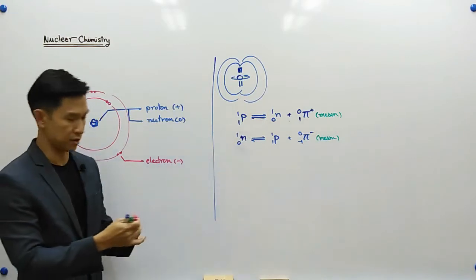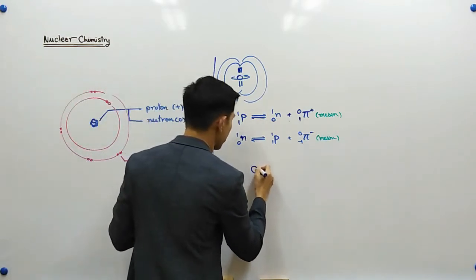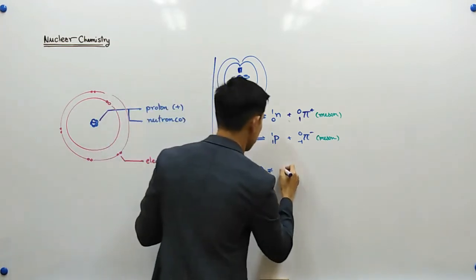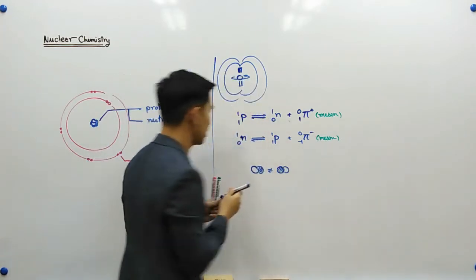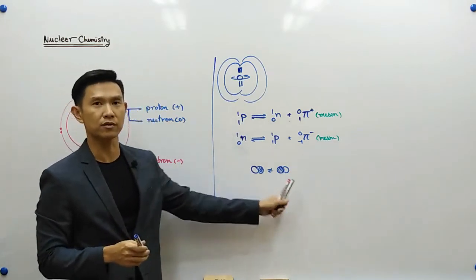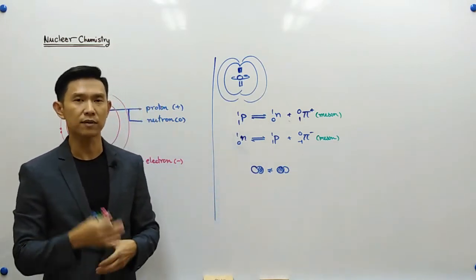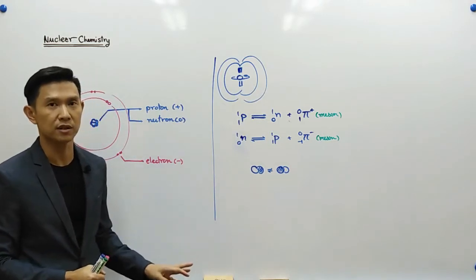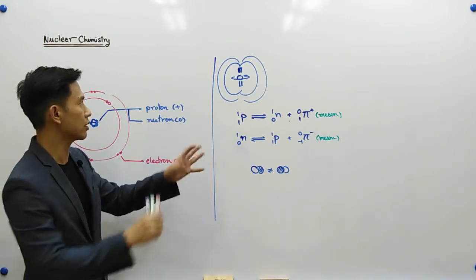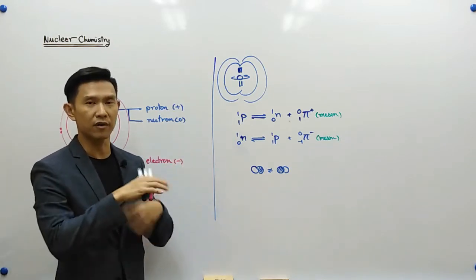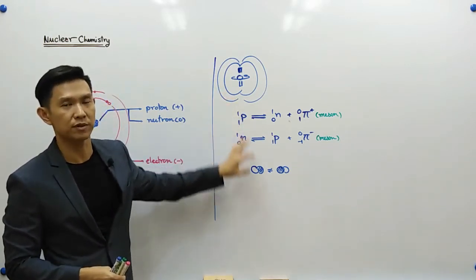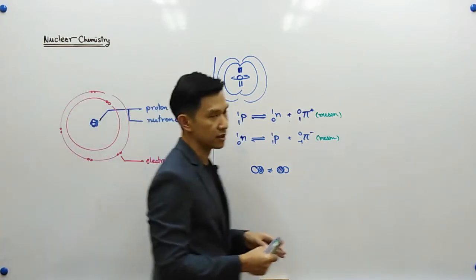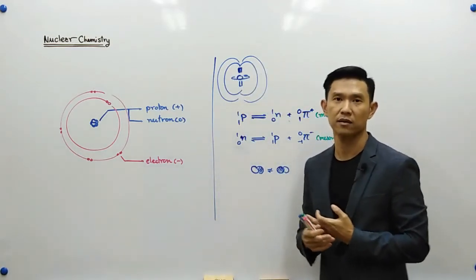So by this kind of transformation, proton and neutron can swap places, because a proton can transform to be a neutron, and a neutron can transform to be a proton. So the number of protons and neutrons is quite crucial for the stability of the nucleus. The way protons and neutrons pair up or arrange their magnetic moments is also very important. But as I said, we don't know exactly how they pack together.